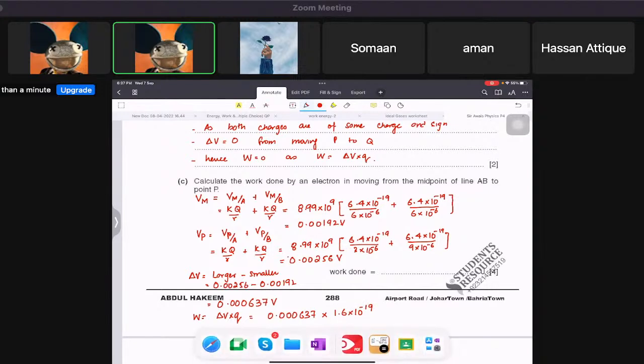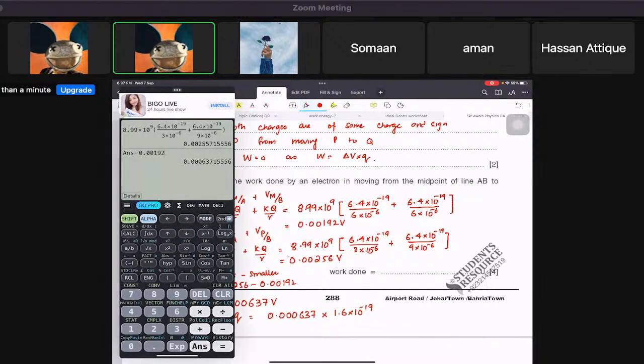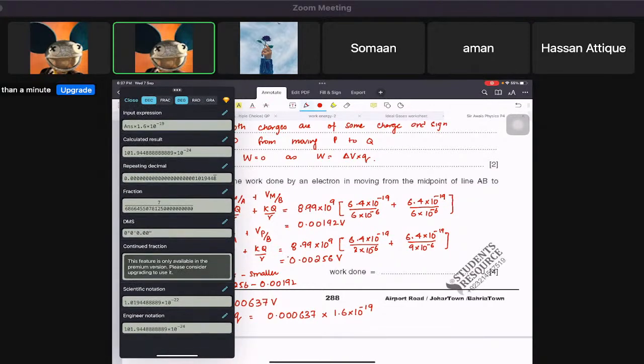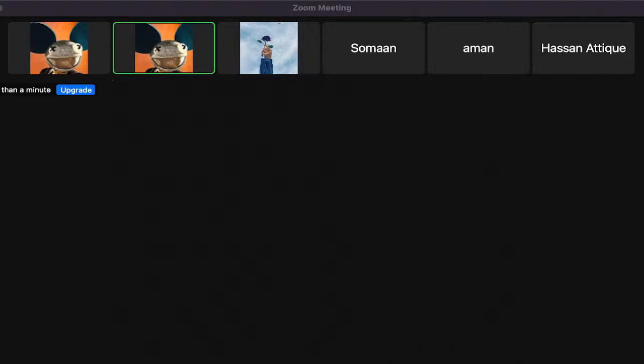I'm going to multiply this answer with 1.6 times 10 raised to minus 19, and we're going to get about 1.02 times 10 raised to power minus 22 joules.